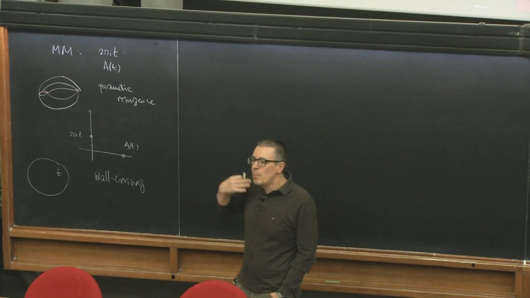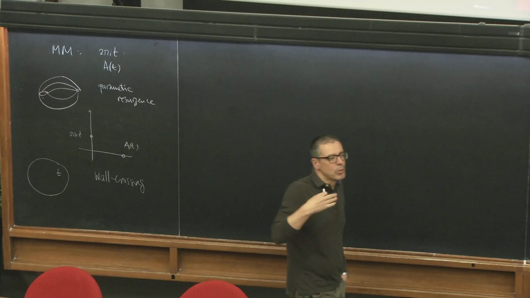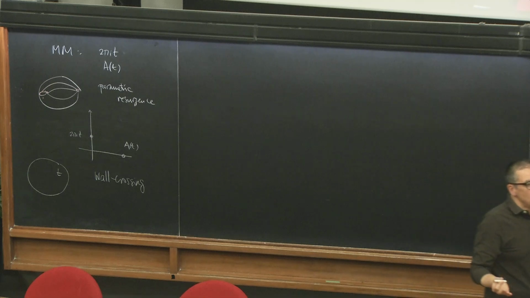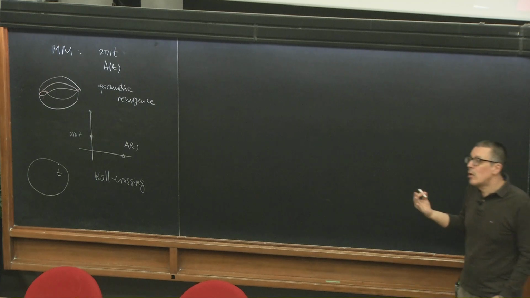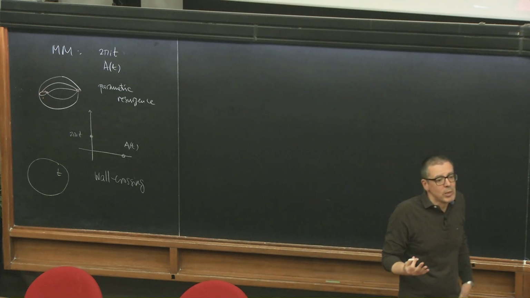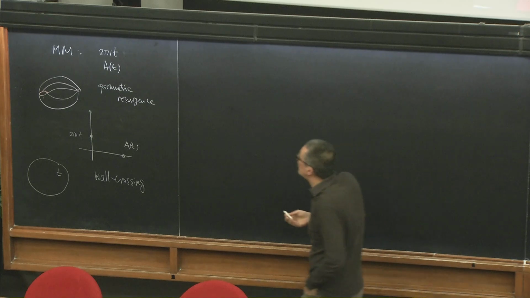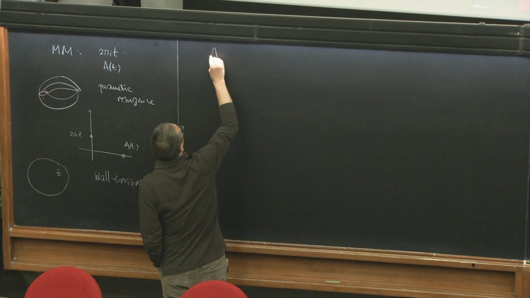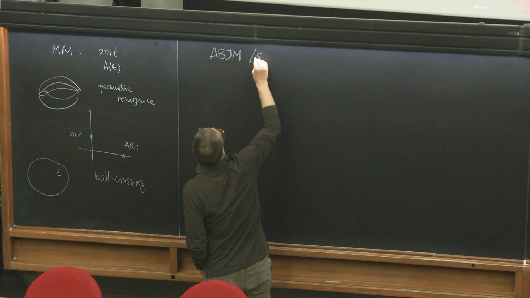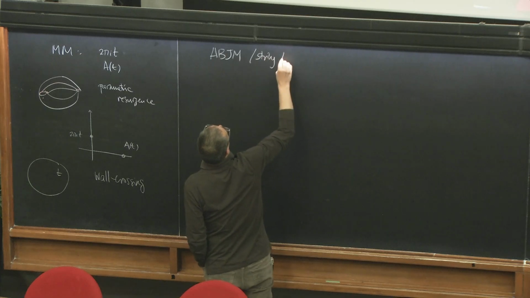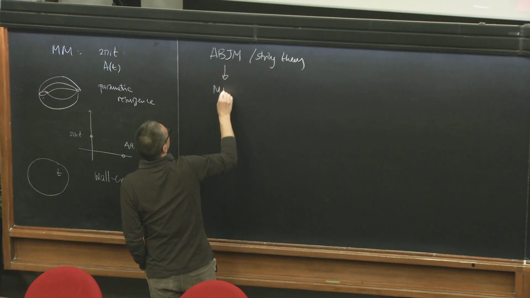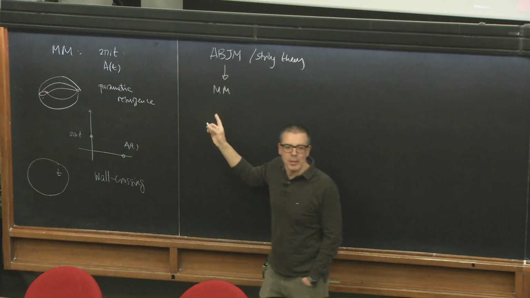Now, if you want to keep understanding the role of resurgence in string theory, it's a very good idea to use large N duals, but in string theory, sometimes the large N duals, even when they are simple and they are represented by matrix models, are not always simple matrix models. For example, in the duality between ABJM theory and string theory, we know that for many observables, we can reduce this to a matrix model, but this is not a simple matrix model.